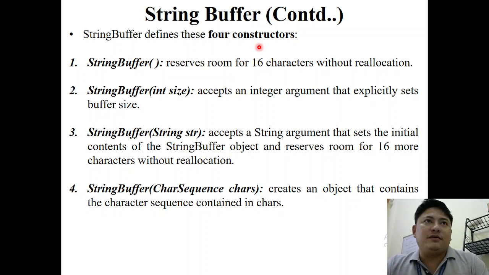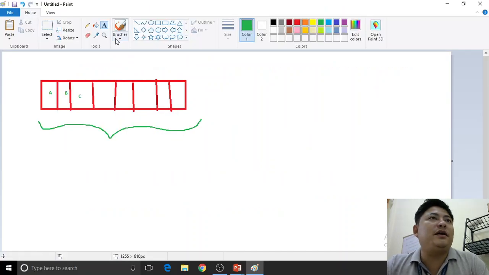The first one is the default constructor of the string buffer, which you invoke with empty parentheses, an empty argument. When you create it, 16 characters will be allocated to the object. It will be clearer if I give you an example.